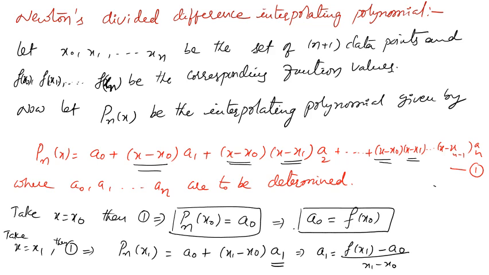And what is the a0 value? f of x0. Therefore a1 becomes f of x1 minus f of x0 divided by x1 minus x0. And what is this value? It is the first divided difference, x0, x1.